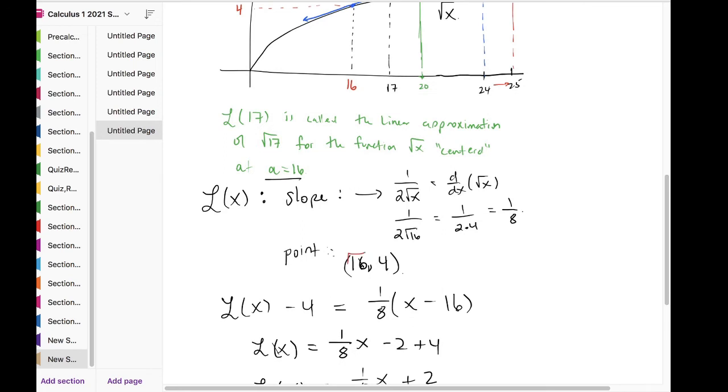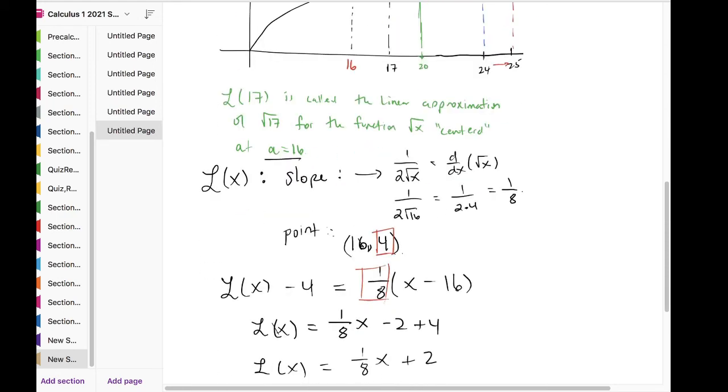Two things. The y value is not a radical, and the derivative at the point is not a radical. That's why we chose 16 and not 18. If we chose 18, then we get radical 18, but the whole point is that we don't know radicals, so we're approximating.